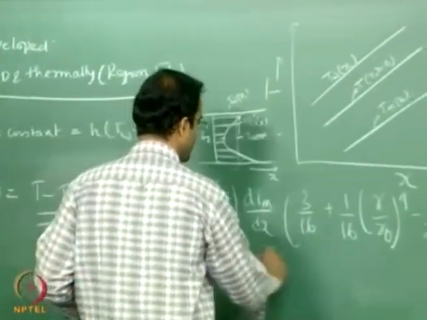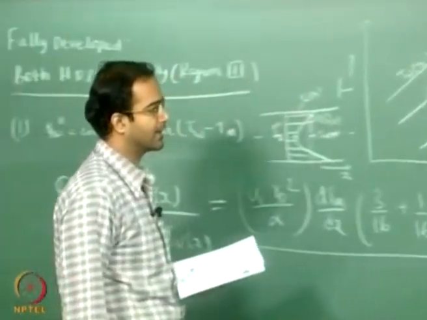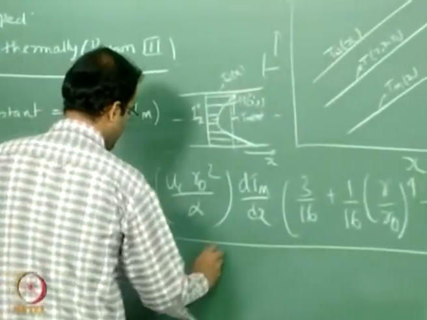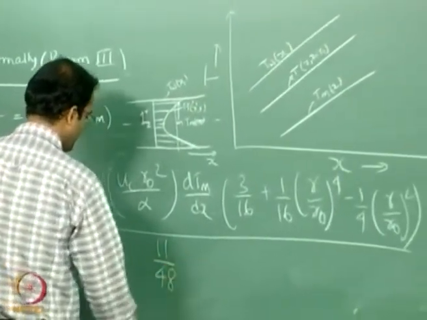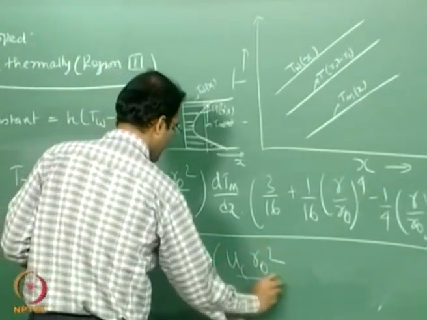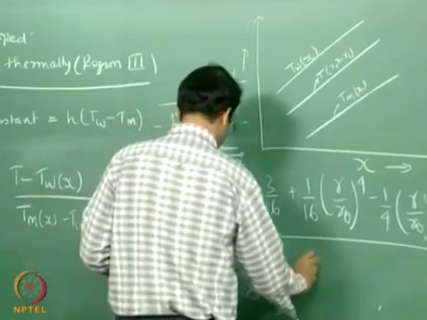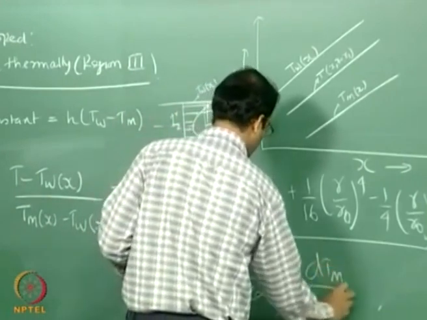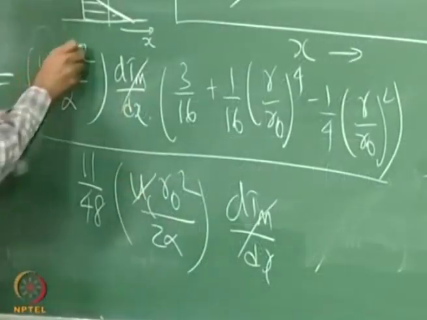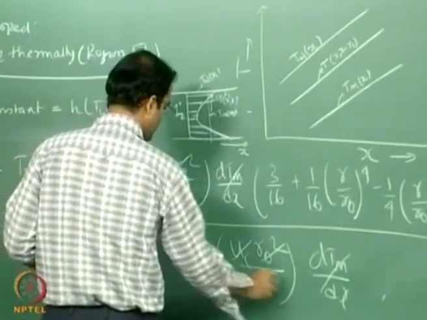There is a minus sign, but in the numerator and denominator the minus sign cancels out. Similarly Tm minus T wall will be minus of that, I cancel the minus sign. This will be 11 by 48 into UC r naught square by 2 alpha into dTm by dx. So dTm by dx cancels, UC r naught square cancels, alpha cancels out.